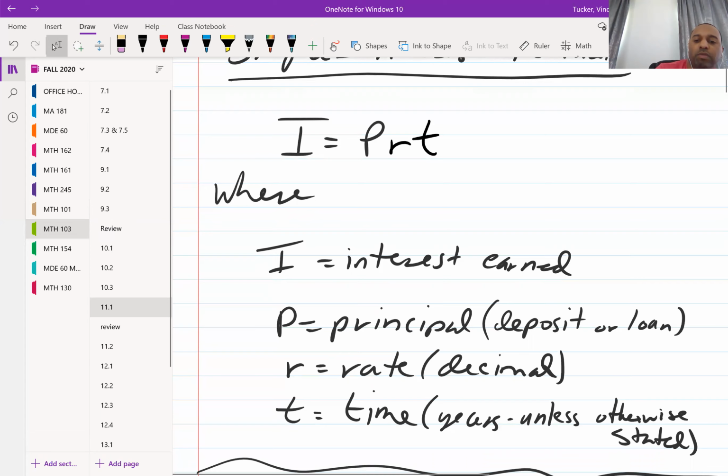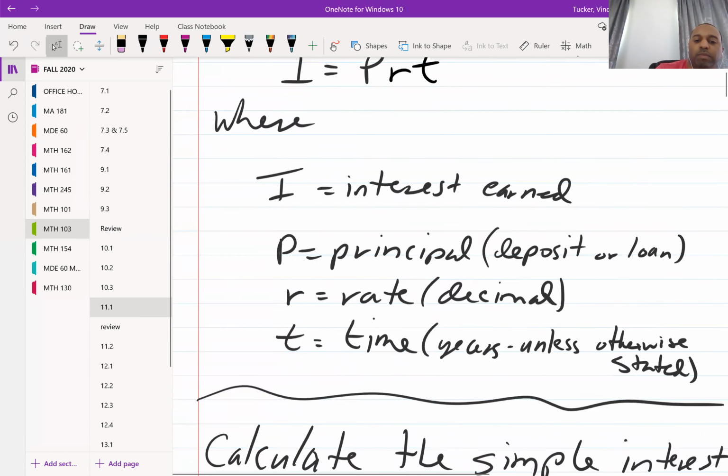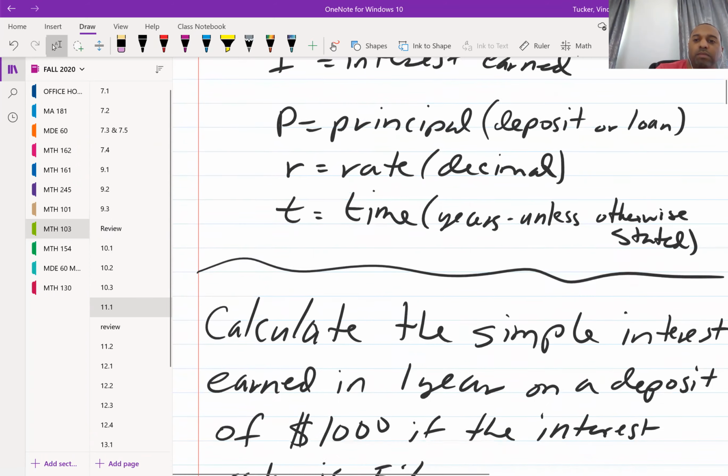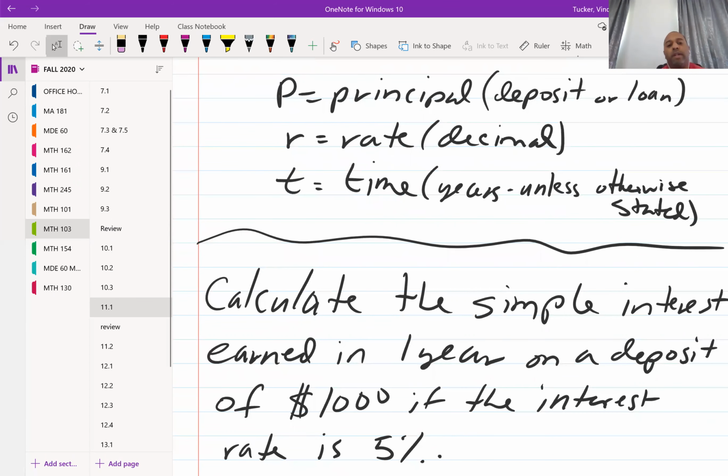All right, let's scroll up. First problem: calculate the simple interest earned in 1 year on a deposit of $1,000 if the interest rate is 5%.